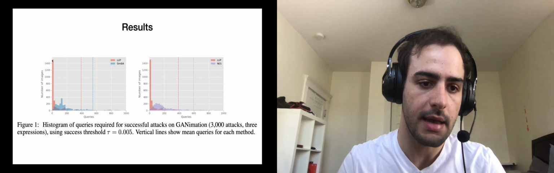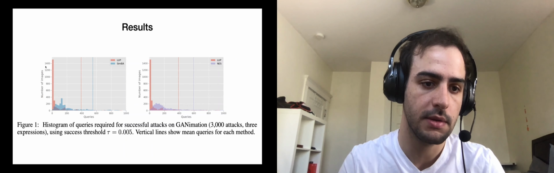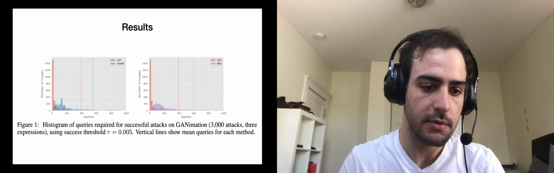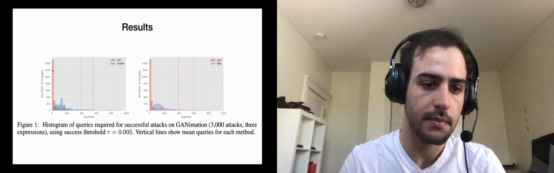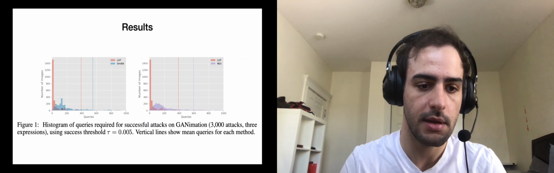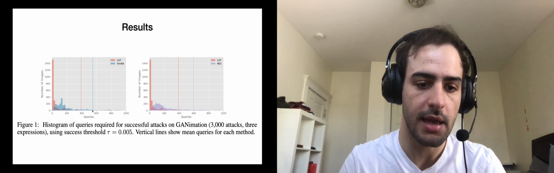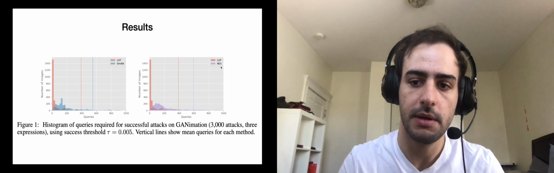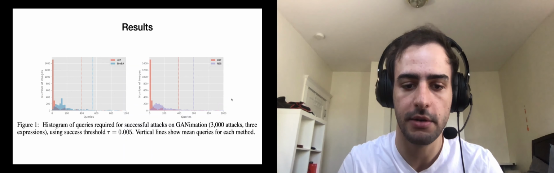We can see that for LUP, for a large part of the data set, these are 3,000 images here, it only requires about 10 to 20 queries. So LUP is very skewed to the left, which is very good, and much more than SimBA. And these are the average queries necessary, and we can see that we have fewer average queries necessary for the whole data set. Same thing when we compare to image translation NES, or adaptation of NES for the image translation scenario.